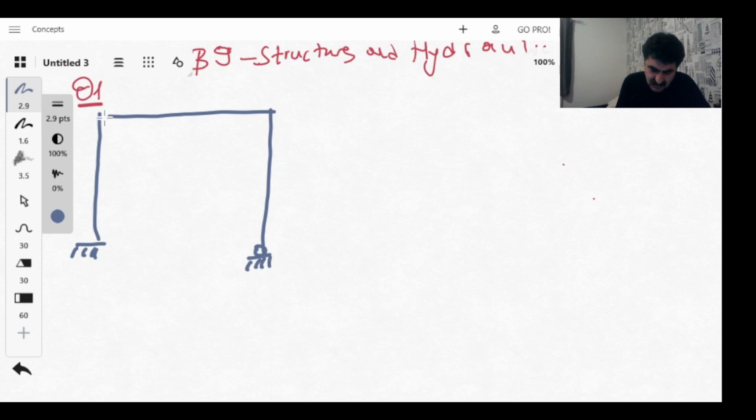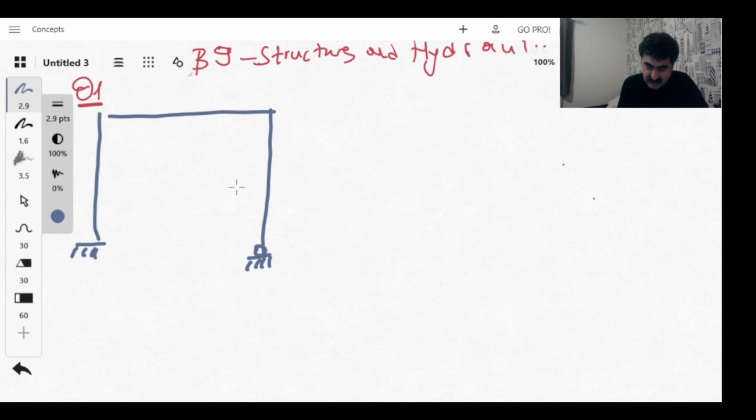And this structure is not a simple structure, so you may need more calculations, or you need to use a computer program to calculate the shear forces and moments on the beams.